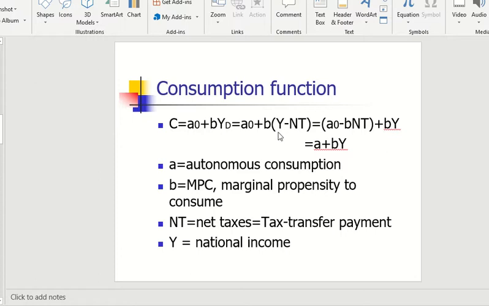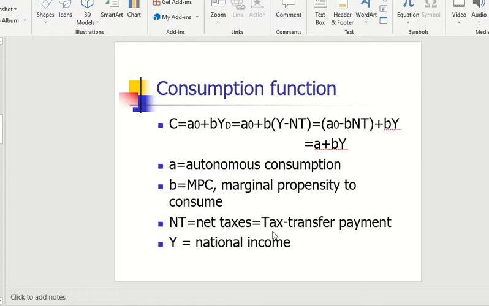So now we use the national income, a more general measure of income, minus the income tax, and then add transfer payment. Okay? Add transfer payment. So that will give us the disposable income.